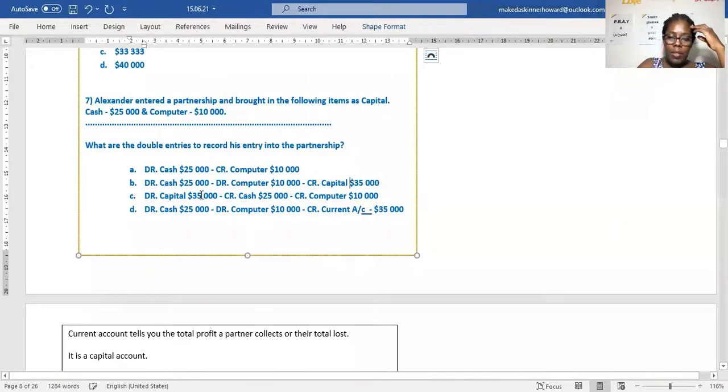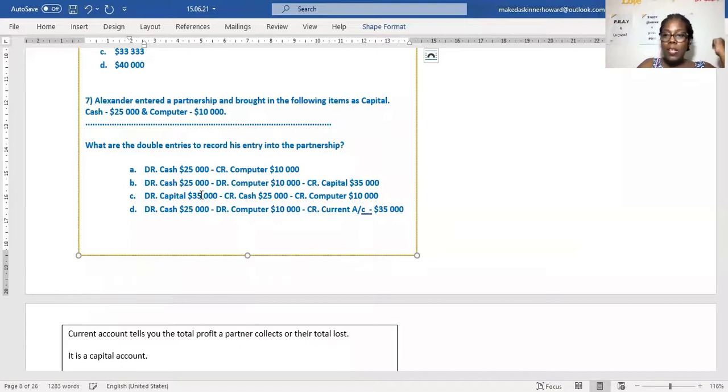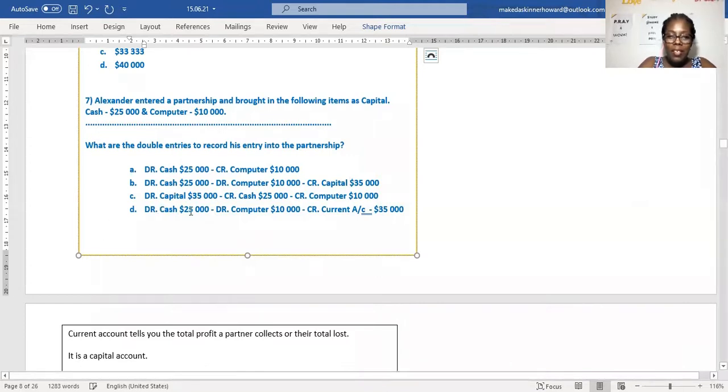Would we debit capital 35,000, credit cash 25,000, credit computer 10,000? Or is it D, because we were dealing with current account, appropriation account, etc., where we debit the computer, and credit the current account? Which is it?